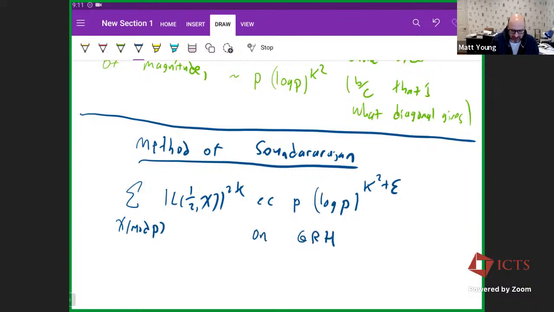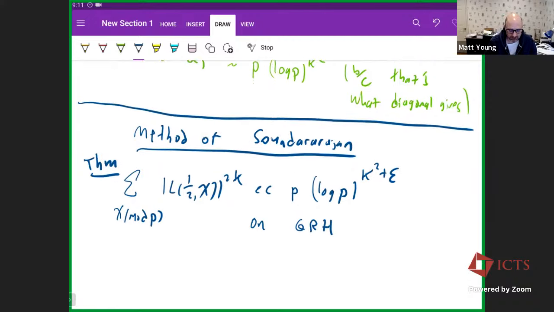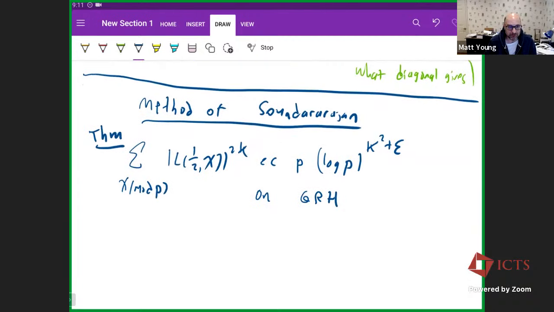So you assume the generalized Riemann hypothesis for all these Dirichlet L functions, then you can get an upper bound that's not too far off from what we conjecture as the asymptotic, and also not far off from the lower bound that I just presented. So assuming GRH, we pretty much have their order of magnitude.